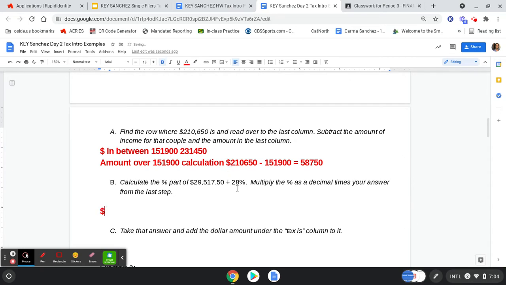So 58,750 is going to be times 28%. Take a second to grab your calculator and calculate this. Make sure you get the correct number.